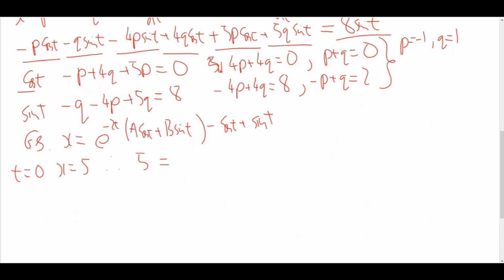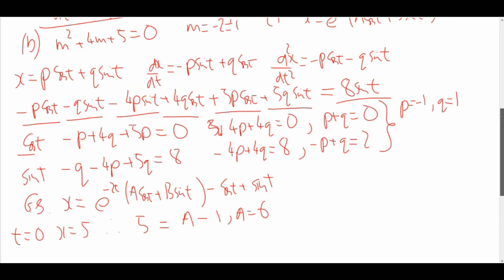E to the minus 0 is just 1. A times cos of 0 is a. B times sine of 0 is just 0. And then take away cos of 0, which is 1, plus sine of 0 is 0. So that's going to give me a is equal to 6.